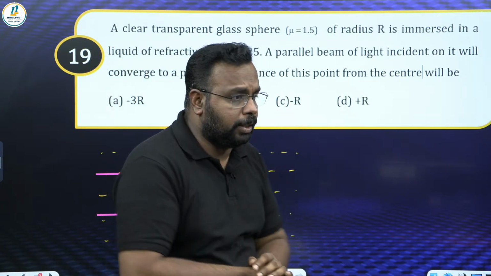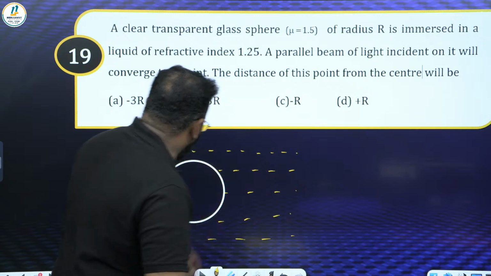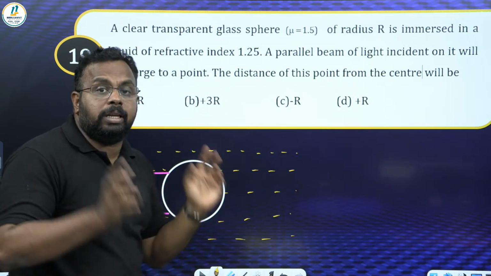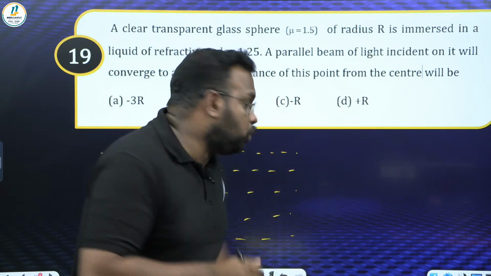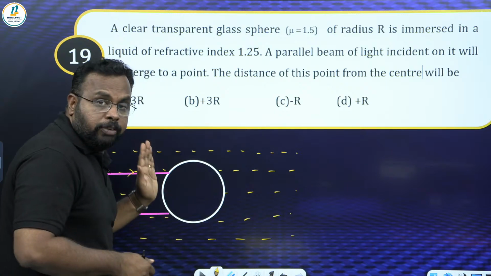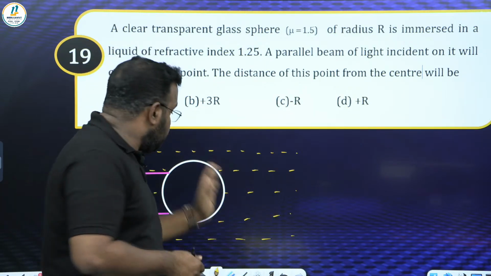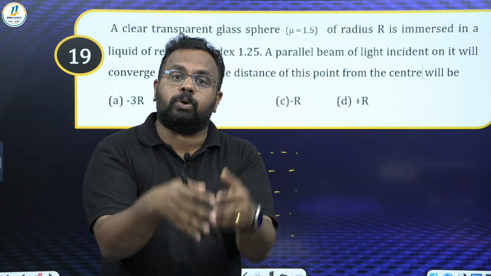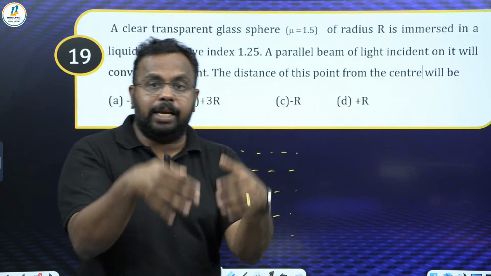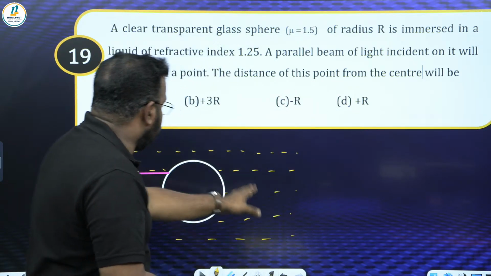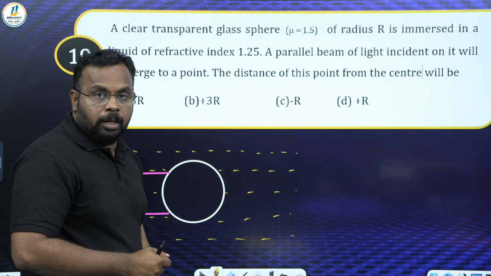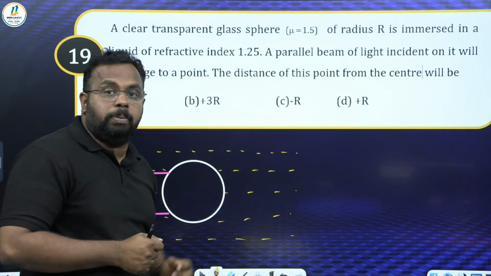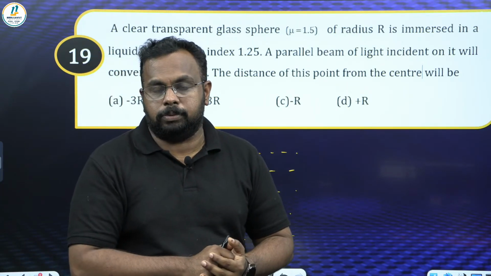Here the confusing part is, if such rays are coming, how many refractions will be there? There are two surfaces. This is the first surface. From that surface there will be a refraction. From the second surface also there will be a refraction. So converging to a point means that point is the final image formed at a particular point. But that final image will be formed after double refraction from this.